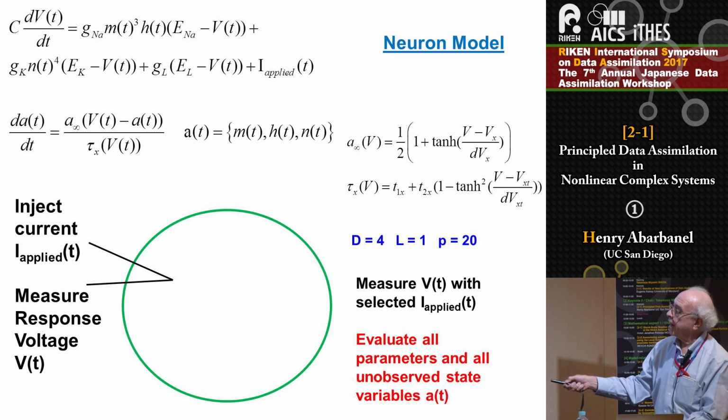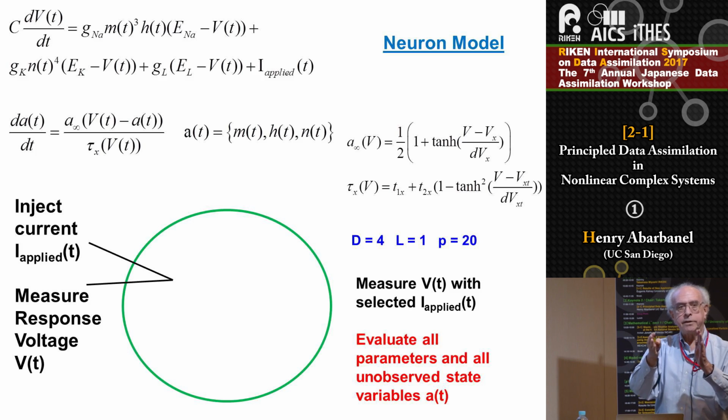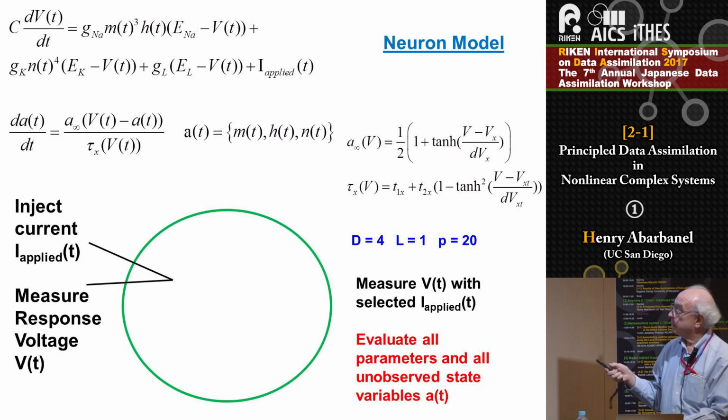The question is, can we, by measuring one quantity as a function of time, namely the voltage, determine the other 3 quantities, M, H, and N, which tell us how the proteins that let sodium and potassium into the cell vary in their permeability to those ions as a function of voltage?